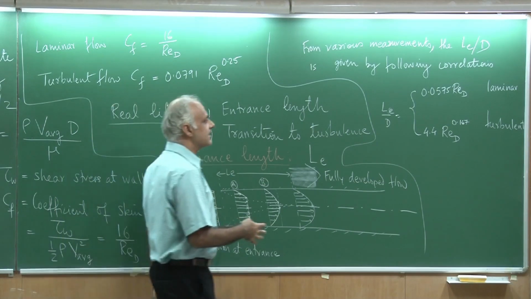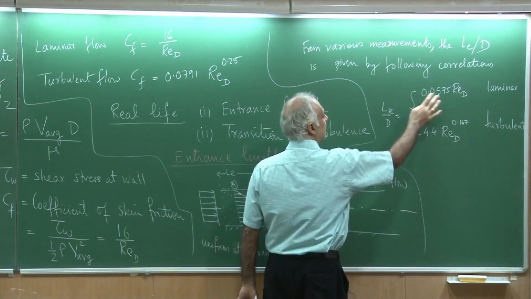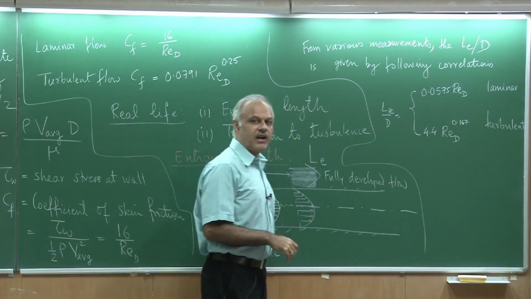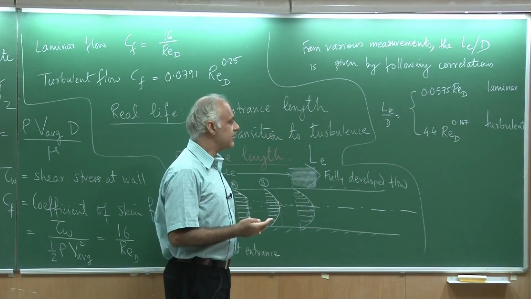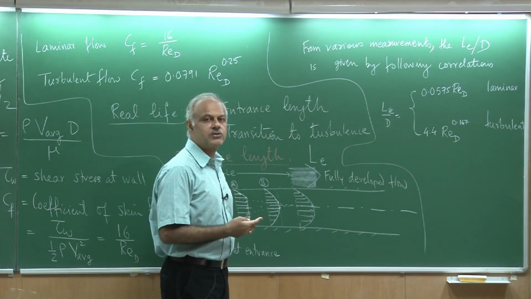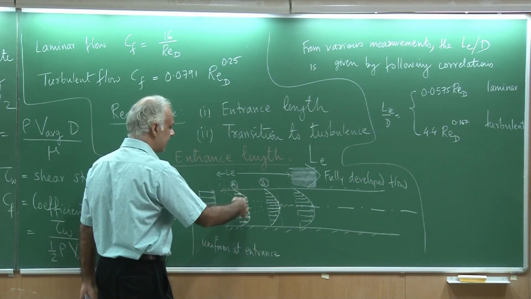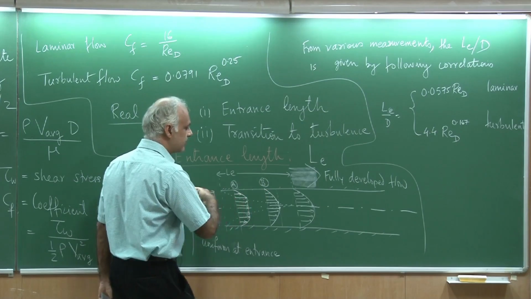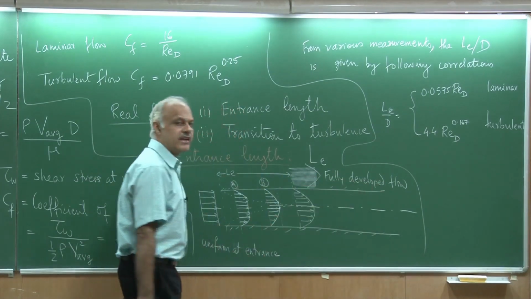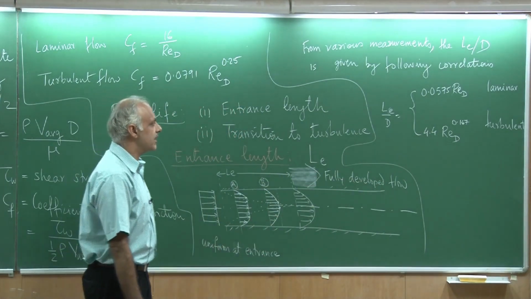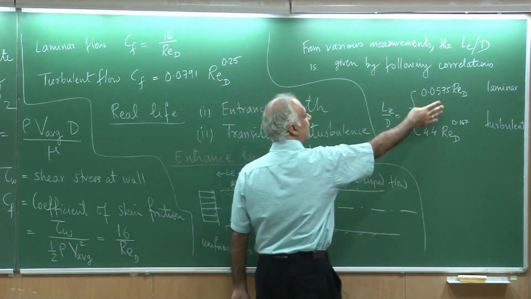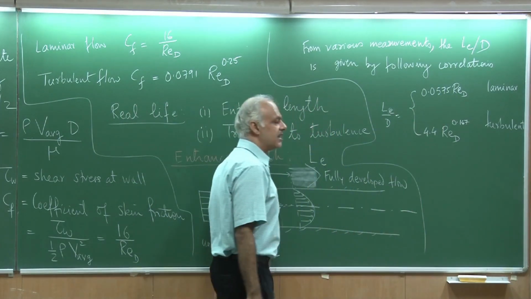So for small Reynolds number, my entrance length is going to be small. If I had a large Reynolds number where the viscous effects were small compared to the inertial effects, so the flow comes in with a certain inertia but the diffusion is not enough, then it would take a huge length for the flow to become fully developed. So that is the rationale of why this looks like a linear relationship.